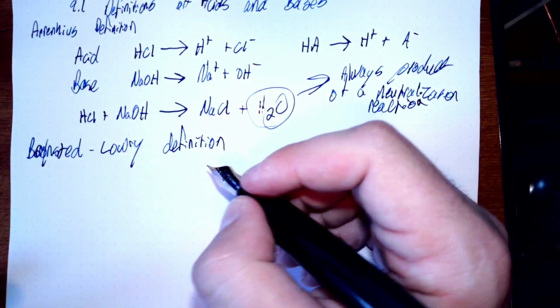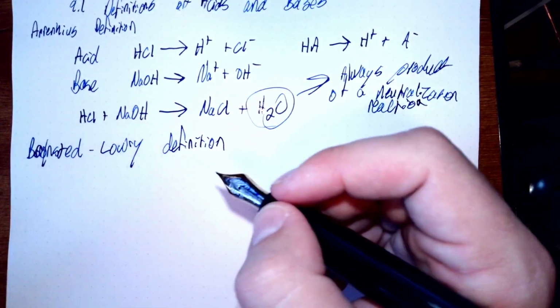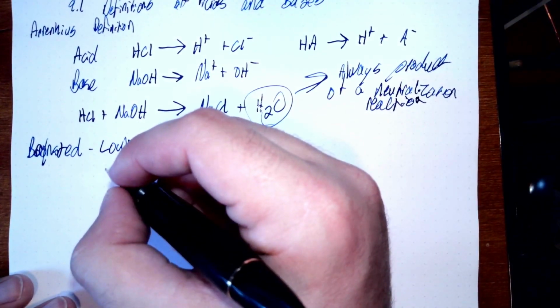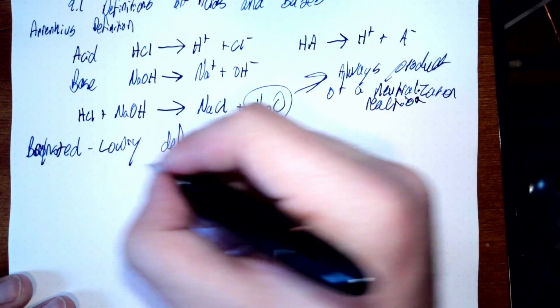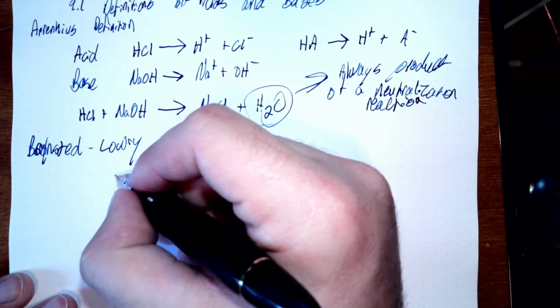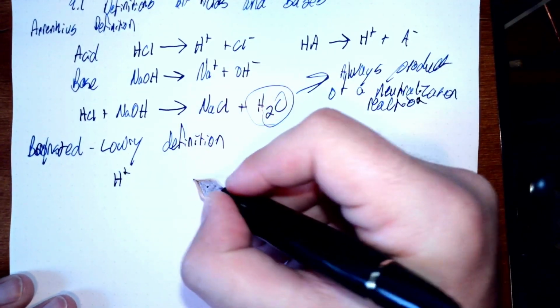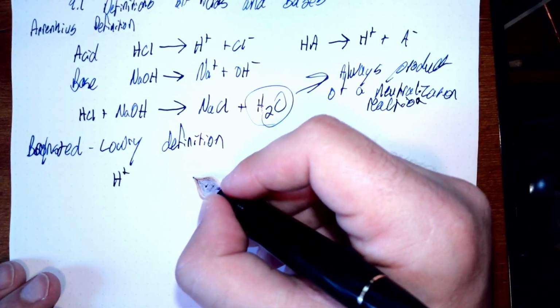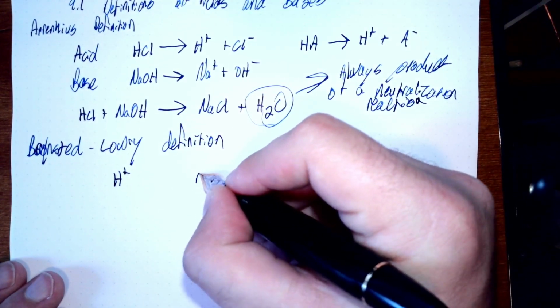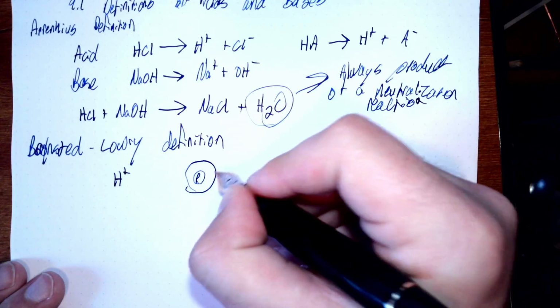Now, let's backtrack a little bit and lay some framework for the terminology that we use in this. First of all, let's talk about what a hydrogen atom looks like. A hydrogen atom is one proton surrounded by an electron.